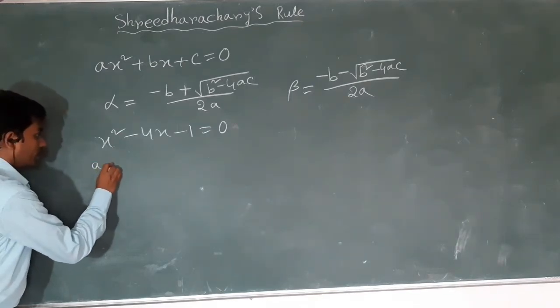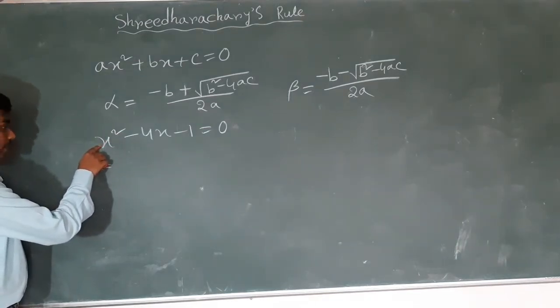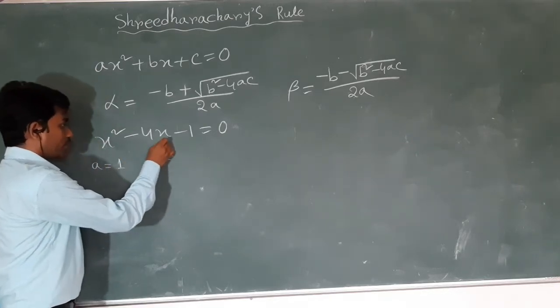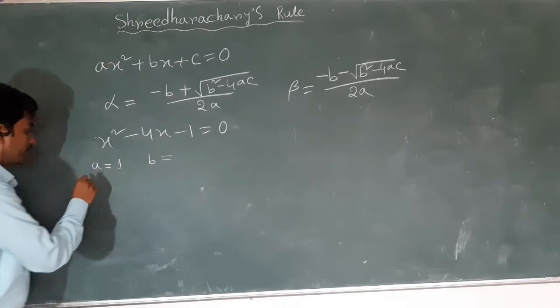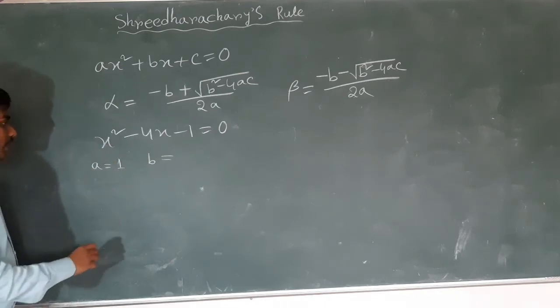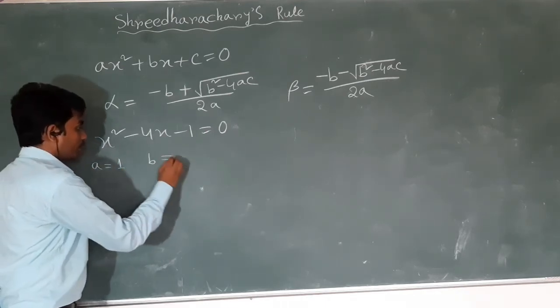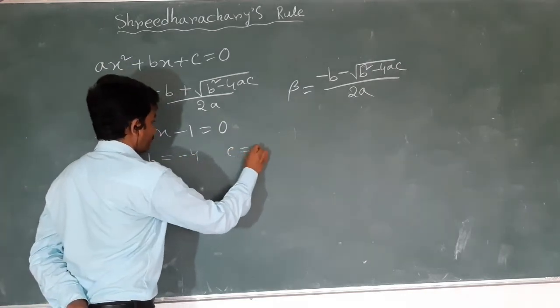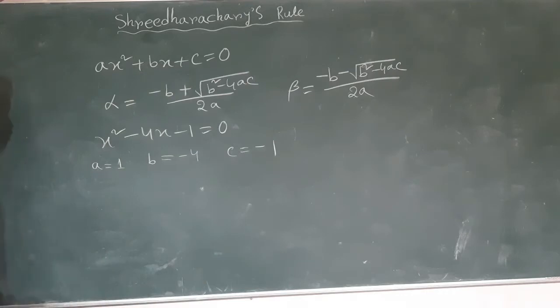Here a is equal to the coefficient of x square, that is 1, b is equal to the coefficient of x, that is minus 4, and c is equal to minus 1.